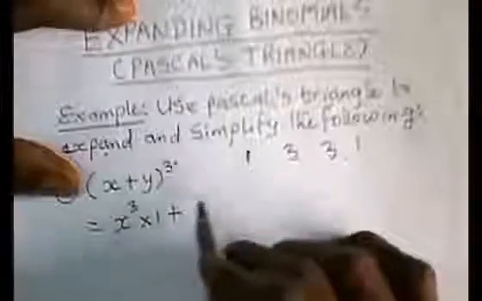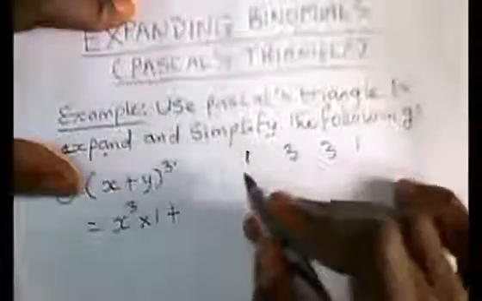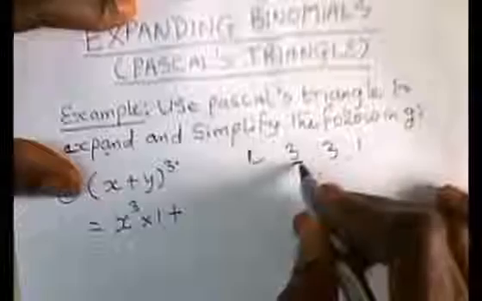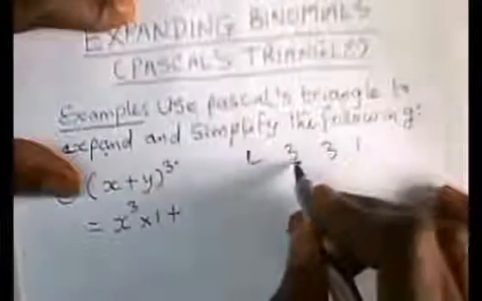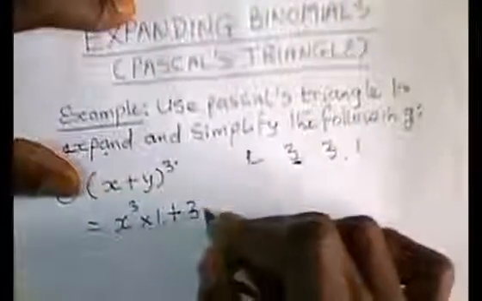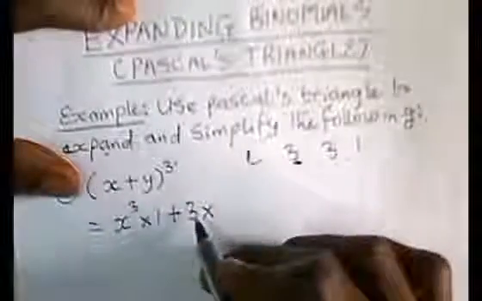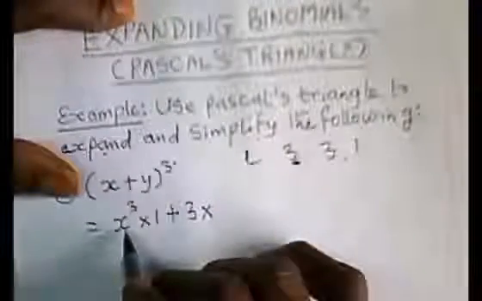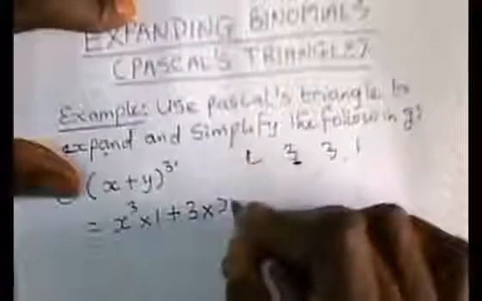All right, we've used this first coefficient. Now we come to the second coefficient, which in this case is 3. We take the 3 here, and we say multiplied by what? We come to this x that is here, we'll write it x.